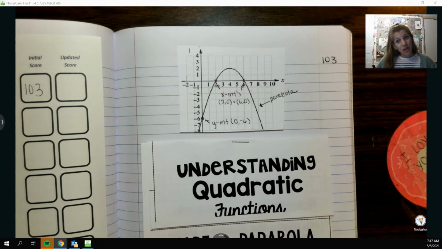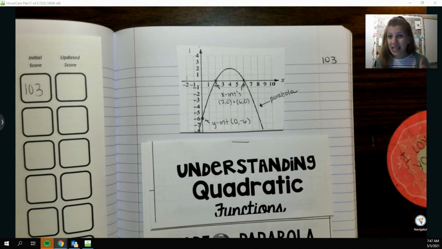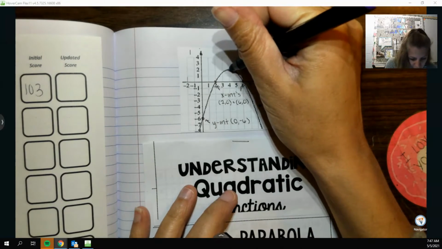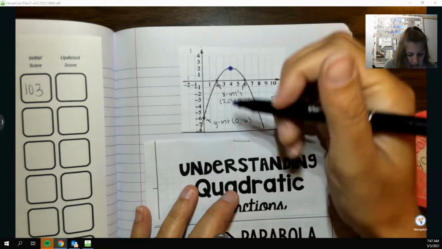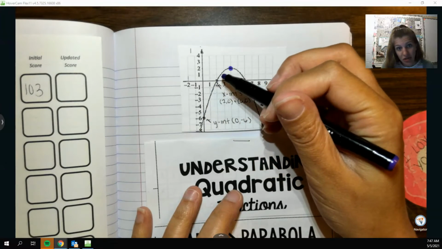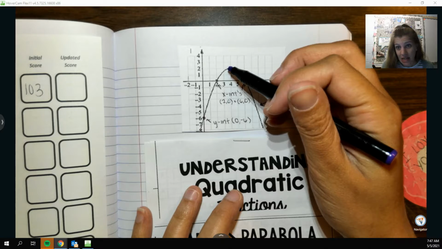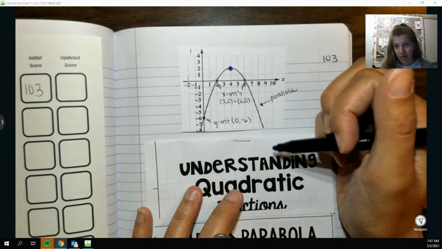Now, when we are talking about a parabola, one of the key points, one of the main things, is this top point, or if the graph is going up, this bottom point. So at the very tippy top here, it's also where the graph changes directions, right? This graph was going up, up, up, got to its highest point, and now it's like, nope, now I'm going down.